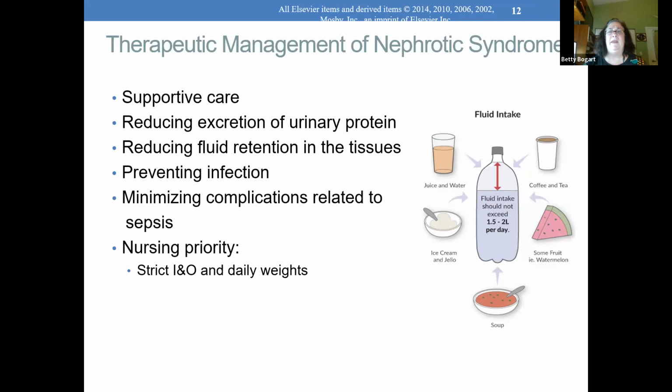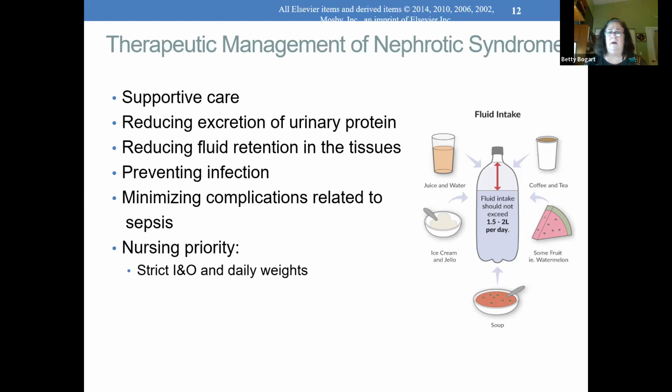So what is the management? As I said, we are going to try to somehow reduce that urinary protein from occurring, okay? A lot of times we put these children on steroids. It's the way that we calm down the inflammation of the protein being lost, okay? We're going to decrease the amount of fluids that can go into the tissues, and infection.